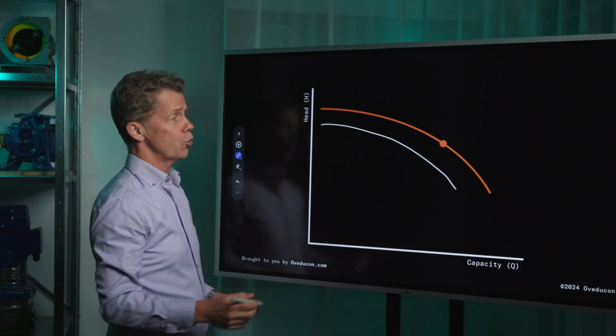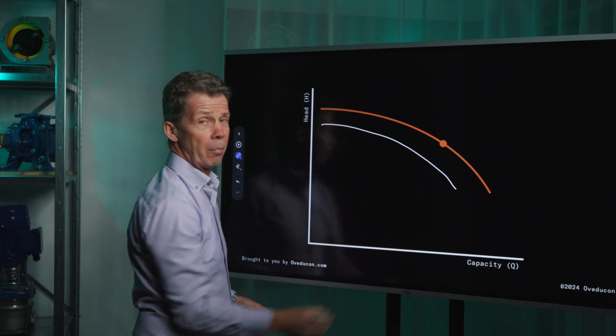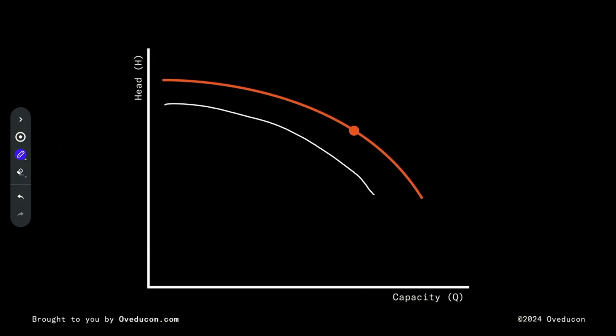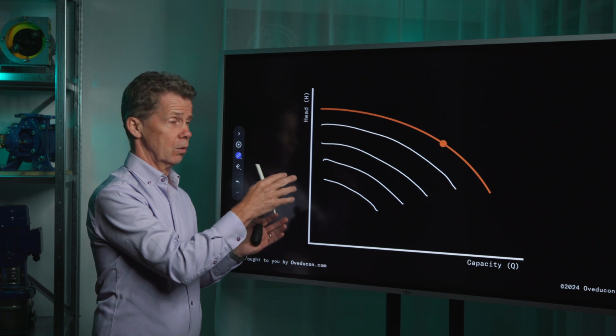At a lower frequency your curve will be something like this. If we lower it even more, your curve is going down, the shape stays the same, and your curve will be shorter. So this is what will happen.